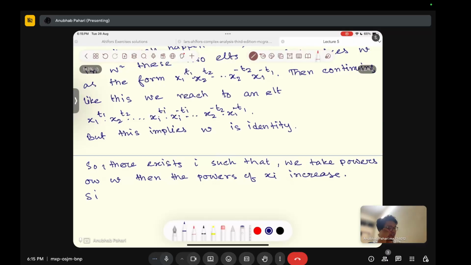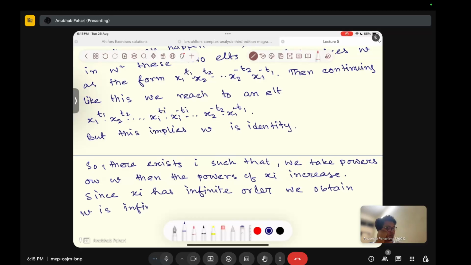Since xi has infinite order, we obtain w is infinite order. So that is how we complete this proof.